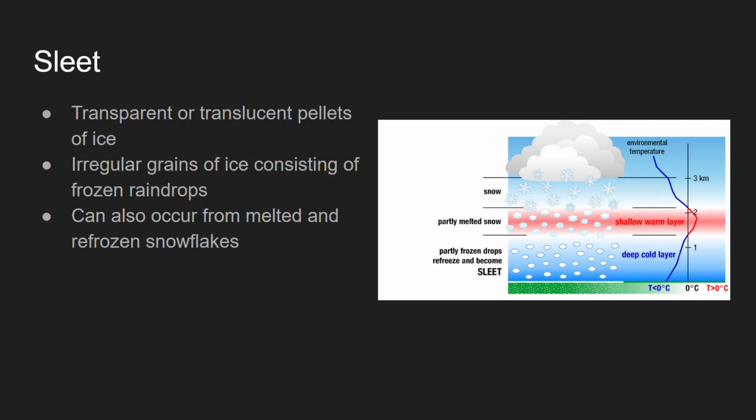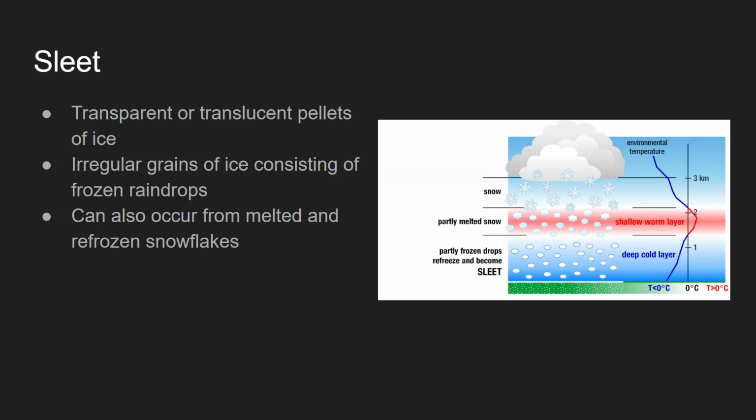Sleet: we have a shallow warm layer that just slightly warms up the snowflakes. They become like ice crystals inside of an outer area of rain, and then it gets refrozen, and it's kind of a small hail type thing.